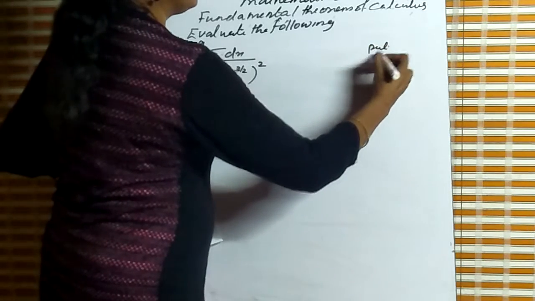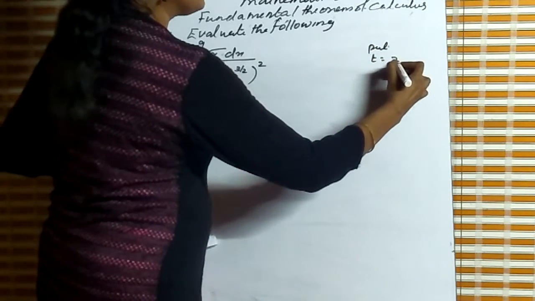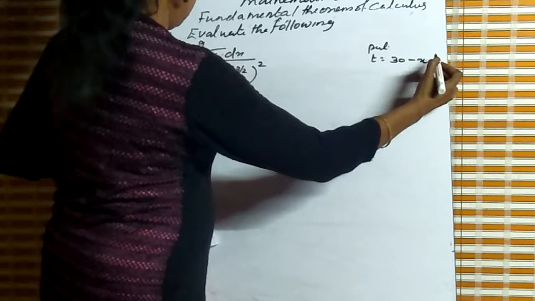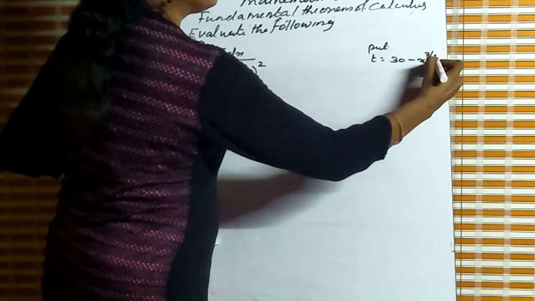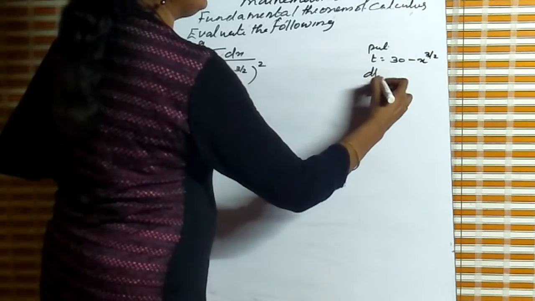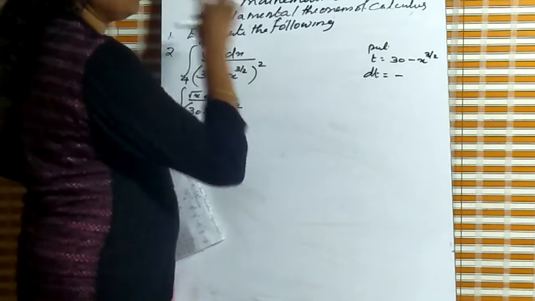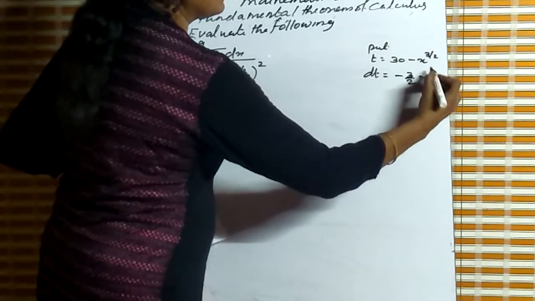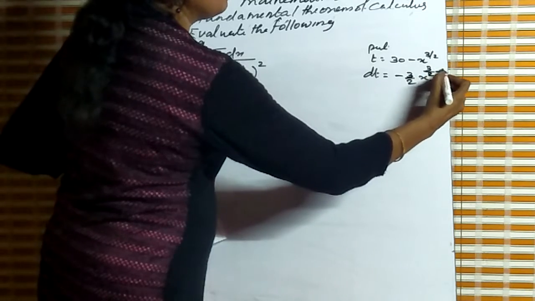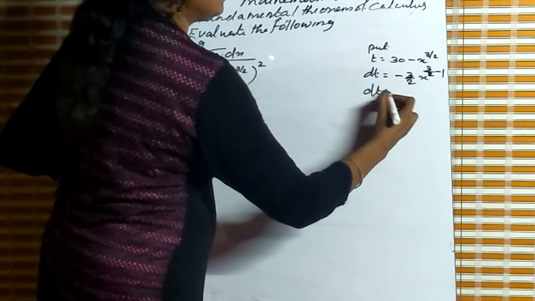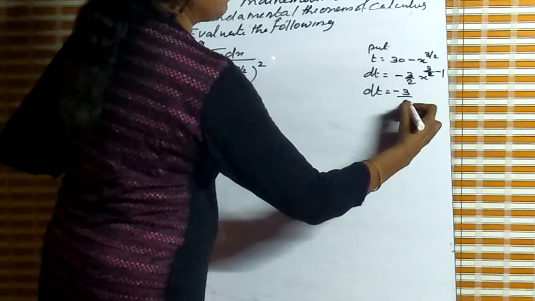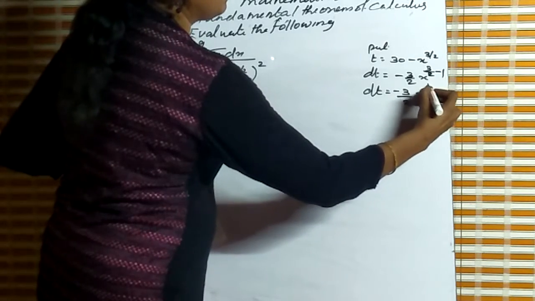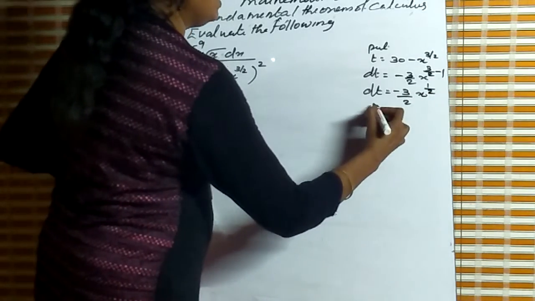Put t equal to 30 minus x raised to 3 by 2. Then dt is equal to minus 3 by 2 x raised to (3 by 2 minus 1), which is minus 3 by 2 into x raised to half.